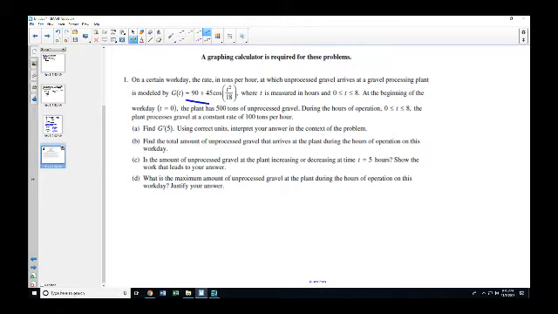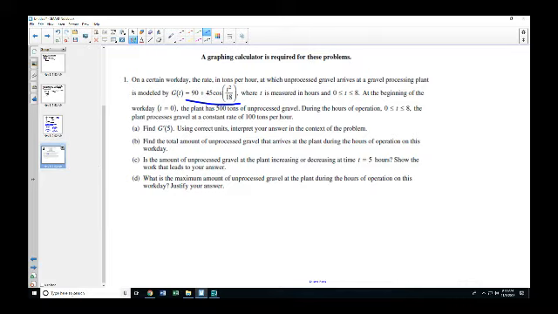Make sure you type it right, and also make sure that your calculator is in radian mode, because we have lots of people using those.